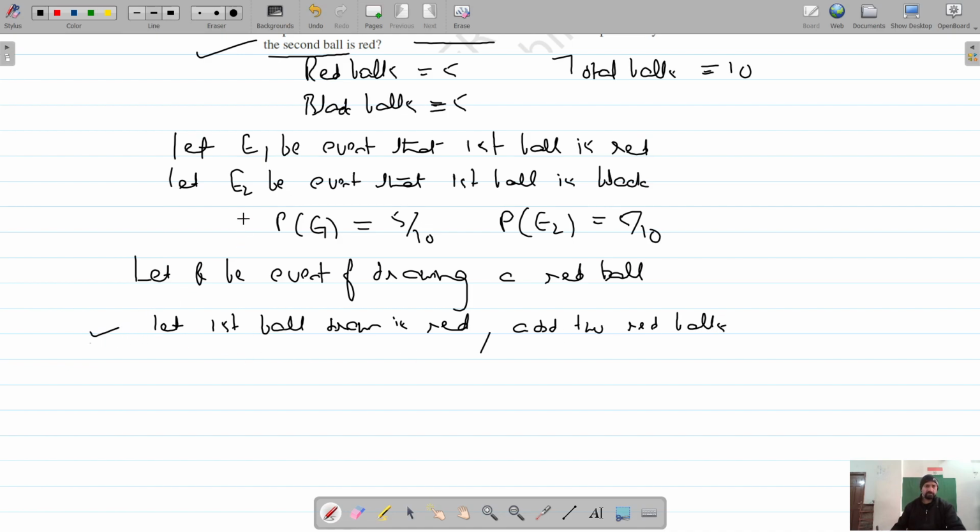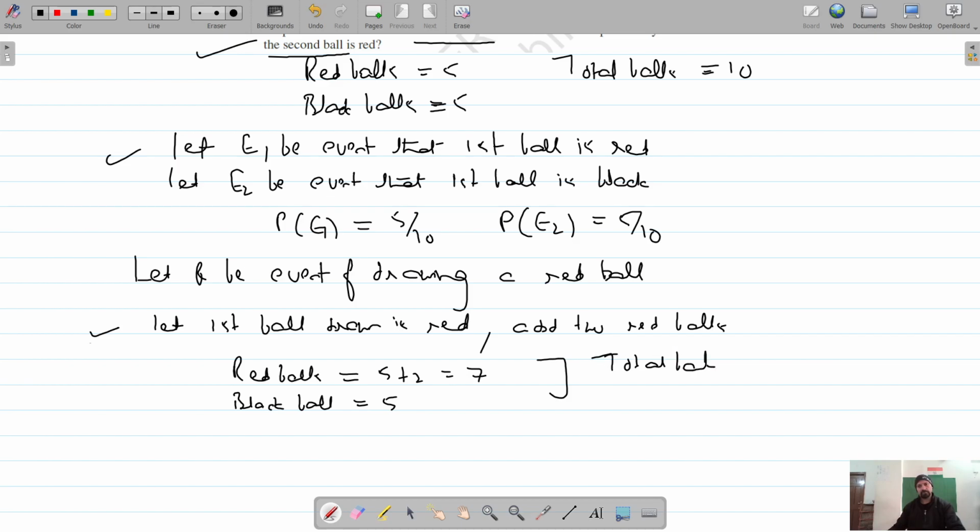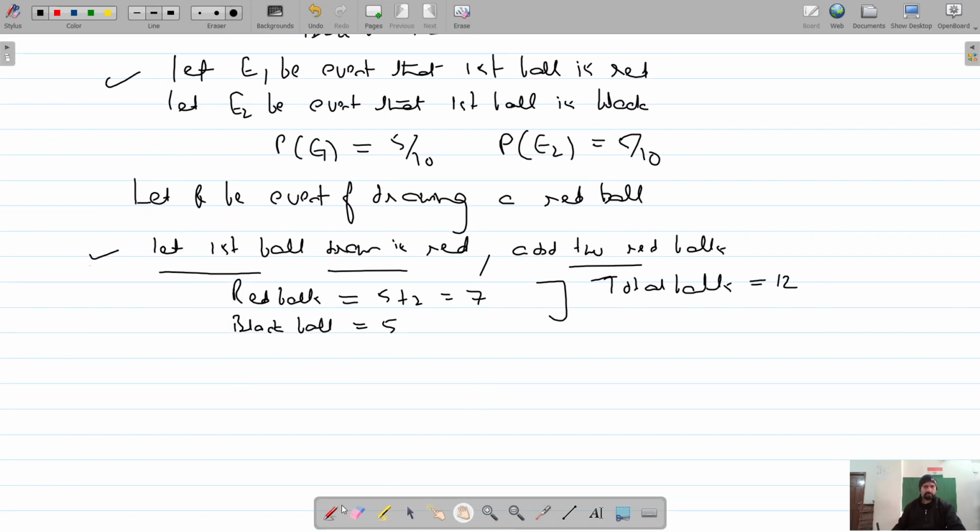Now the first ball drawn is red, that means E1 has occurred. So now the red balls are 5 plus 2 equal to 7. Black balls will remain as 5. So total balls are 12. So E1 has occurred, and we have to now draw the second ball.